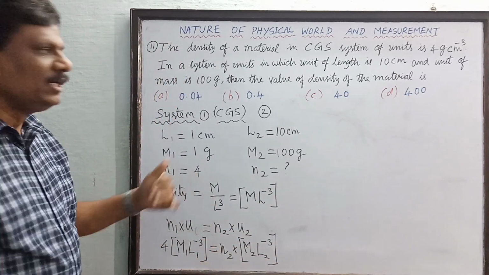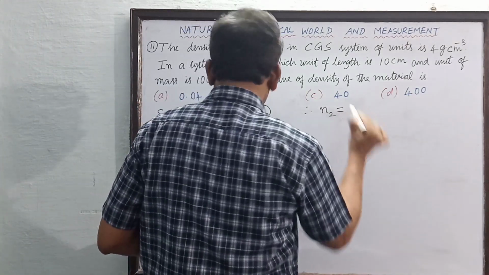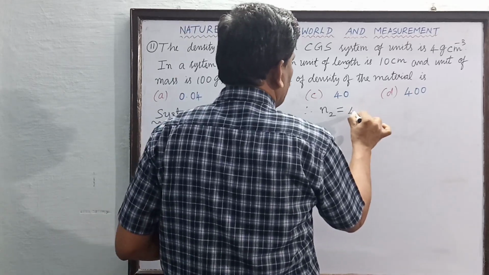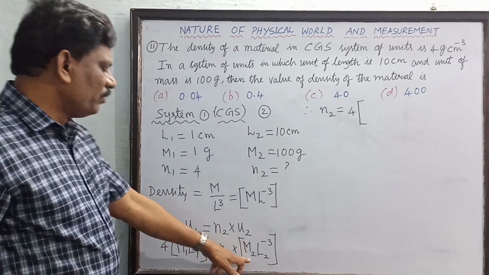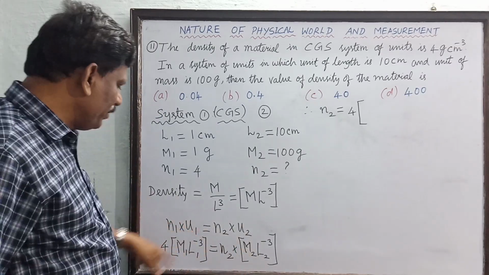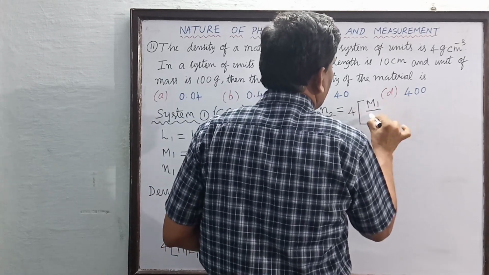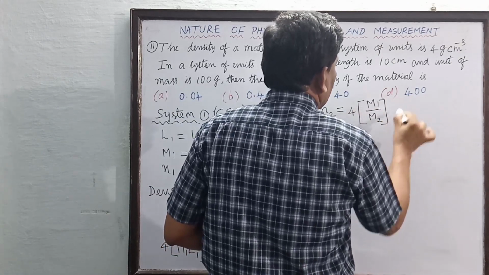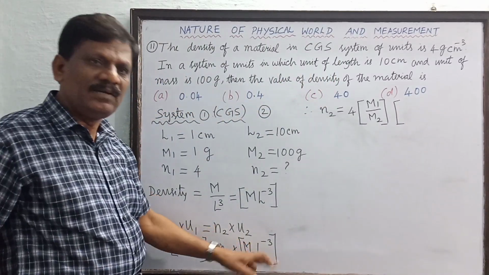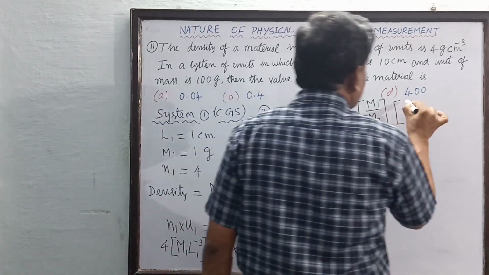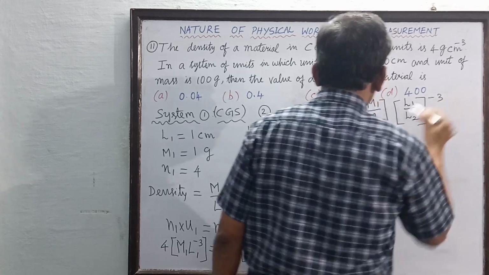So I will take N2 on the left hand side. Therefore N2 is now equal to 4 multiplied by M1. When you bring this M2 to the left hand side, it will become M1 by M2. So this is equal to M1 divided by M2 multiplied by L1 power minus 3 divided by L2 power minus 3, so that this will be totally L1 divided by L2 whole power minus 3.